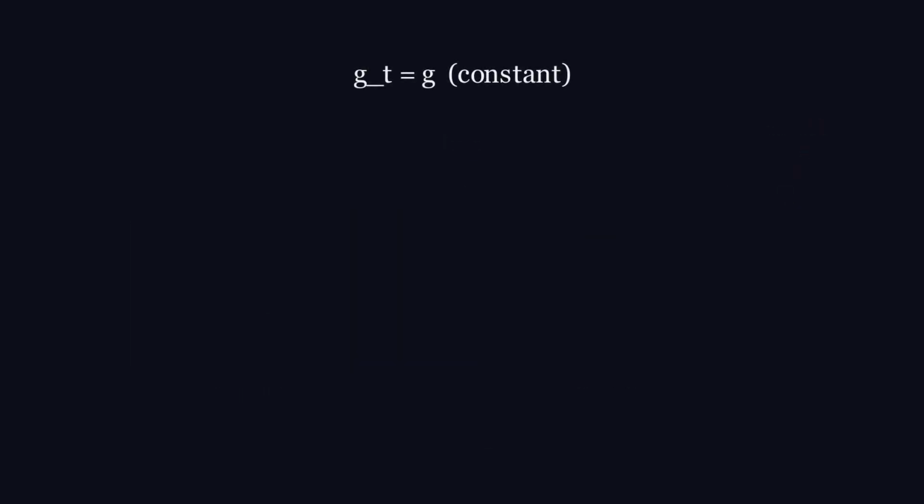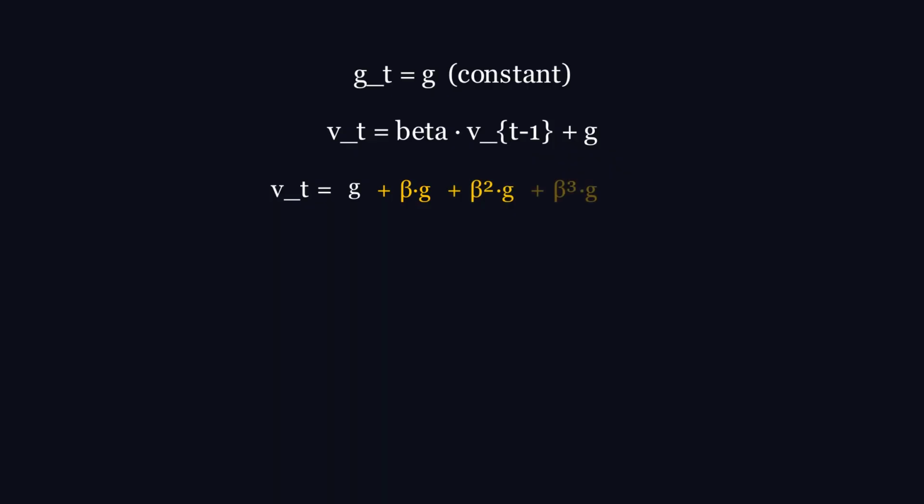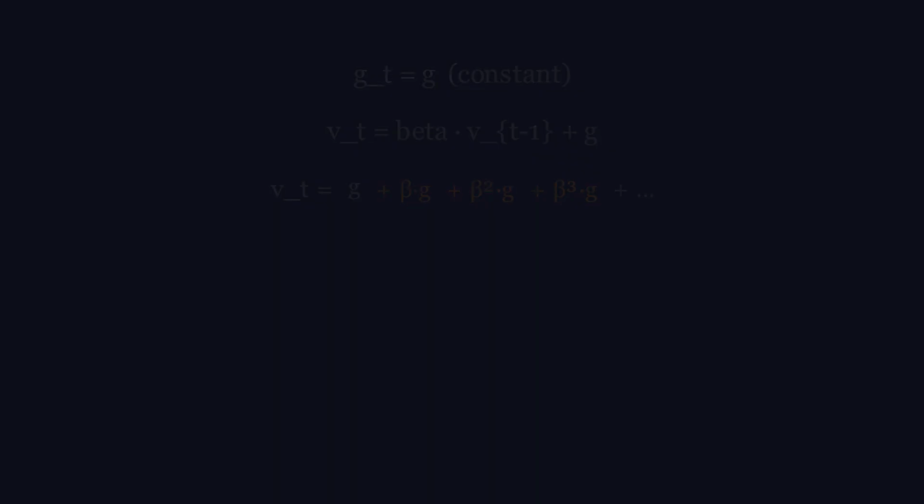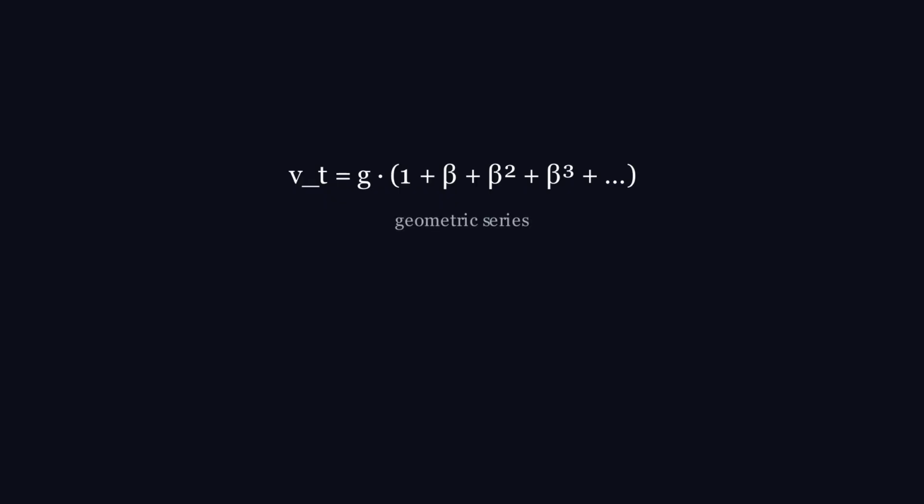To see what the velocity actually contains, suppose the gradient is the same constant value g at every step. Unroll the recursion one step at a time. This step's g plus beta times last step's g plus beta squared times 2 steps ago, and so on. Factor out g. The bracket, 1 plus beta plus beta squared, continuing without end, is a geometric series.